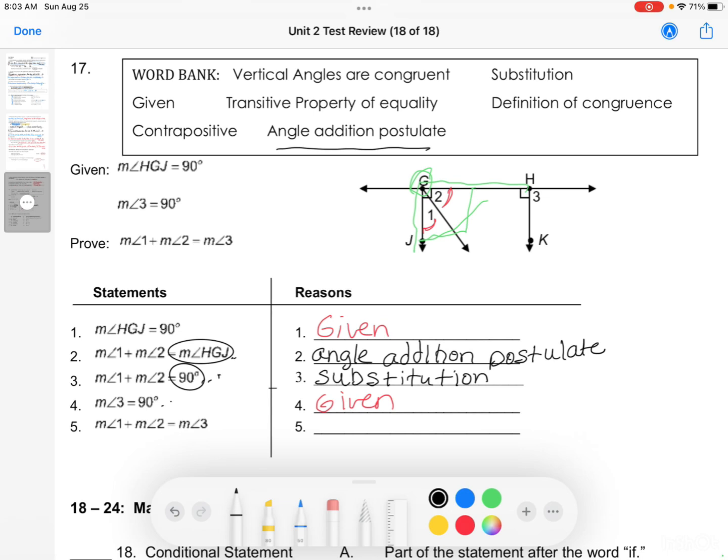So now I'm showing that these two are equal to the same thing. Let me erase that so I'm not writing all over the place. You'll notice that both of these statements equal 90. So if 2 things are equal to the same thing, they're equal to each other, that's called the transitive property of equality.